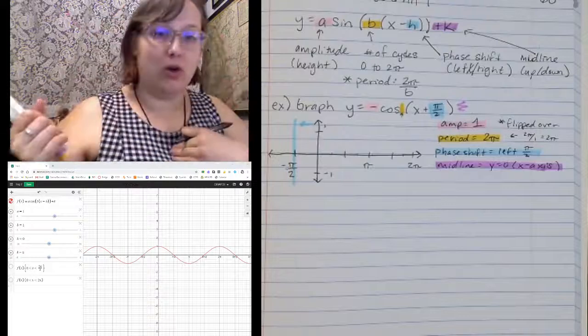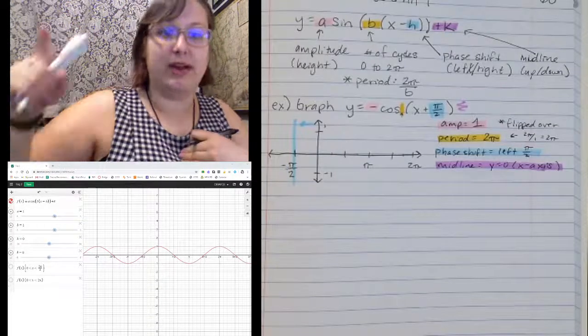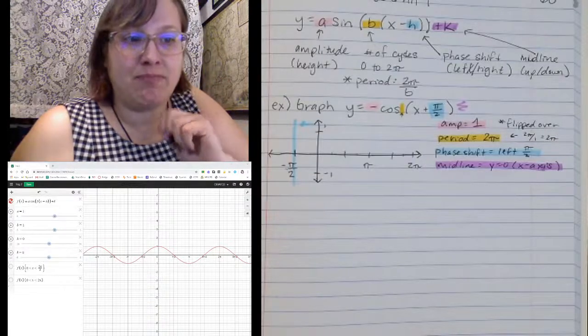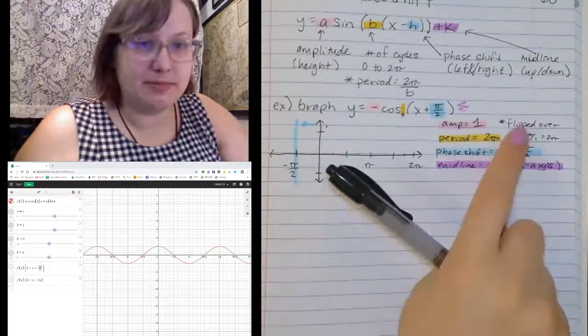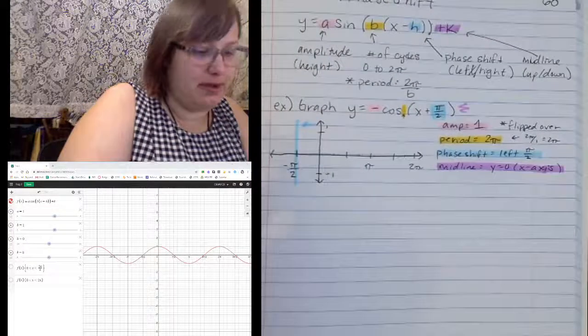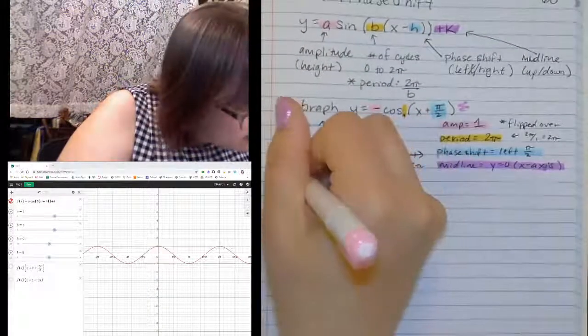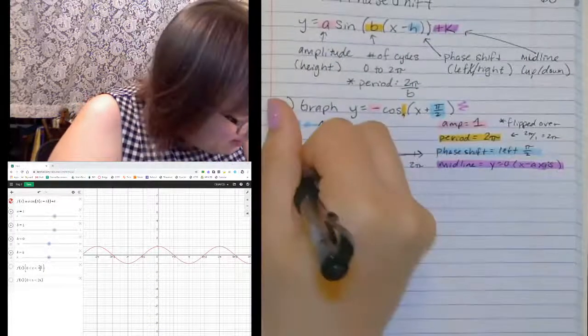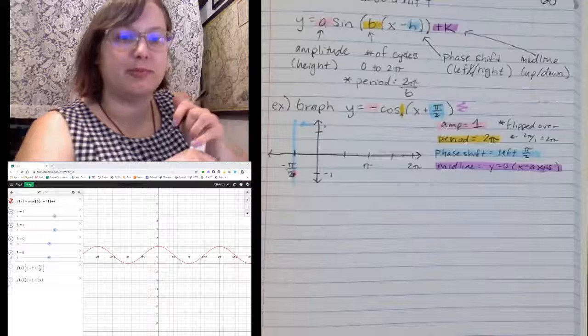And then we know that cosine starts at 1 and goes down, but it's flipped over. So it starts at -1. I should do that pink. Why not? Of course, pink and blue together make purple, so somebody might get confused, but okay.